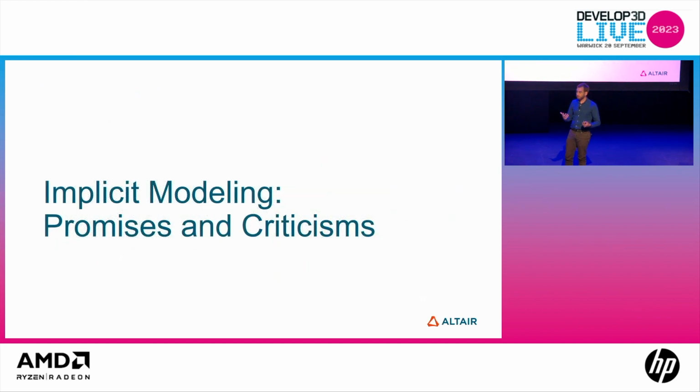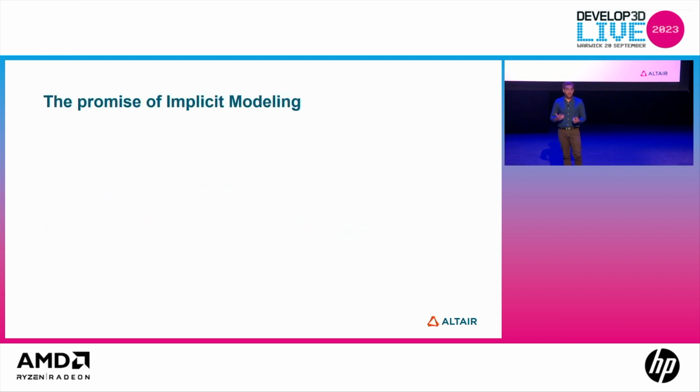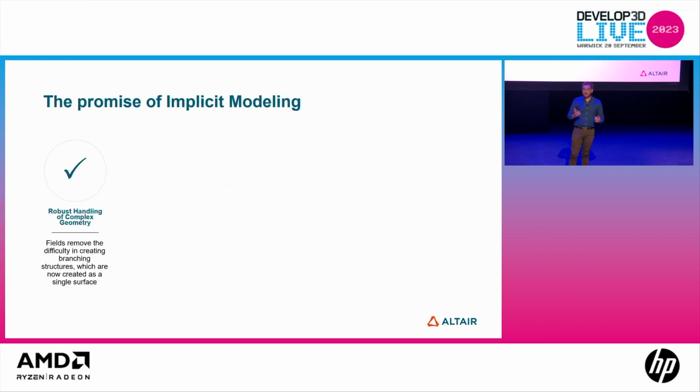Now, let's look at some of these promises and criticisms of implicit modeling that we've come across. The promises are that we should be able to have robust geometry creation and control, where you can create very difficult or complex branching structures and lattice structures, and because we can represent this geometry as fields, we get that complexity basically for free.